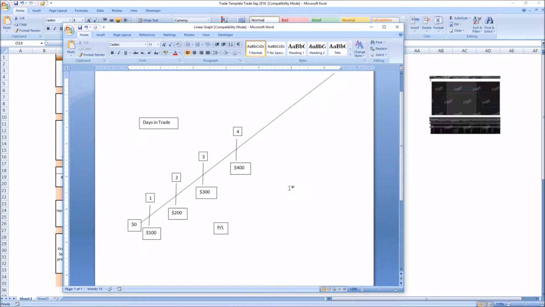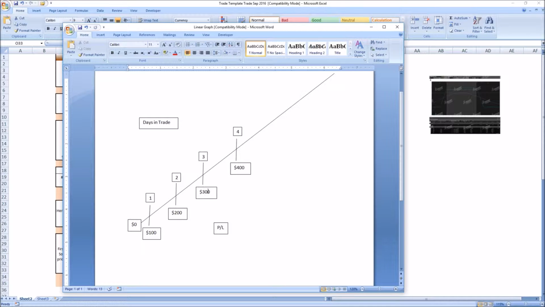Alright, easy enough to understand. So all I do is I want to know if I'm beating that linear graph, because we all know that profits don't come out of these trades in a linear fashion. So for example, if we're on day 3 in the trade and my profit is at 250 and my linear graph says I'm at 300, then I'm pretty close to the linear graph, and I don't have a reason to take the trade off at that point in time.